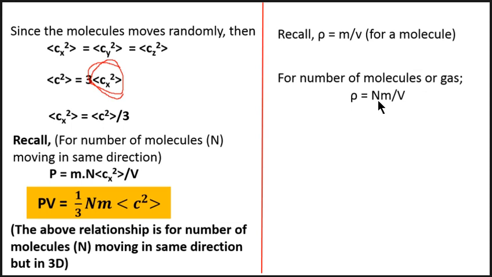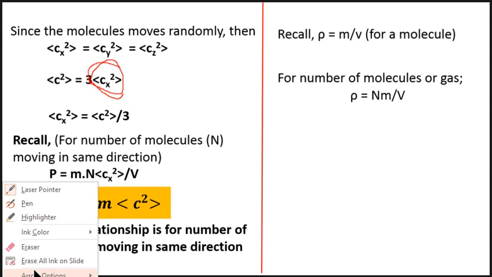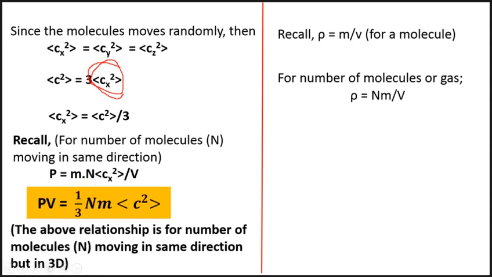Now, the product of the number of molecules times the mass, m, is equivalent to the total mass of the molecules. What I mean is this: N times small m, which is the mass of the substance, times the number of molecules, is equal to capital M, which represents the total mass of molecules, which is very straightforward.